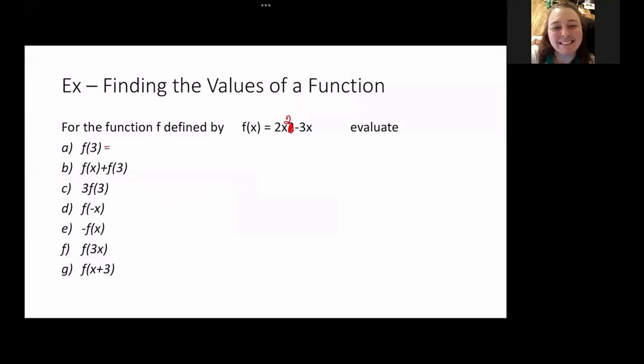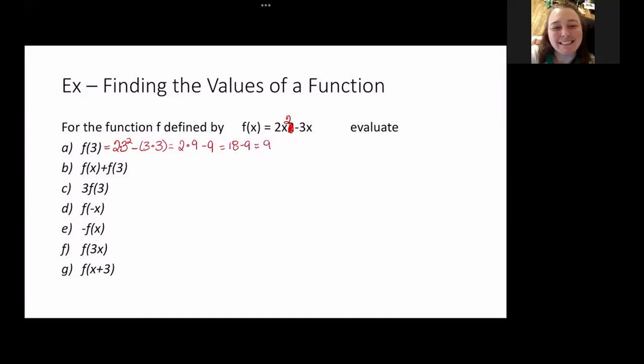So this is going to be 2 times 3 squared minus 3 times 3. So that is going to be 2 times 9 minus 3 times 3, 9. 18 minus 9 equals 9.